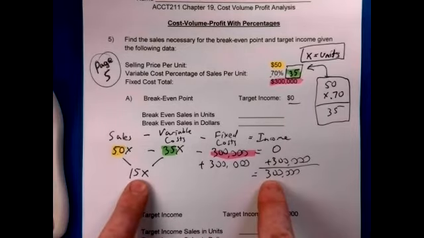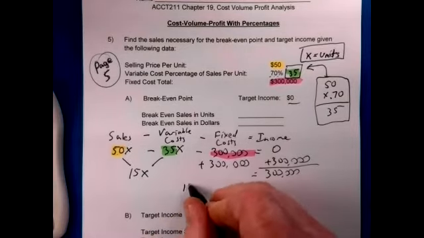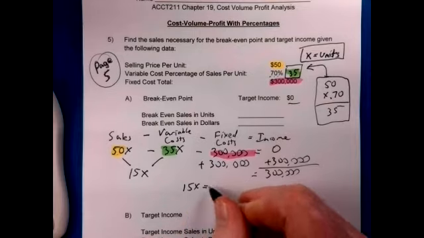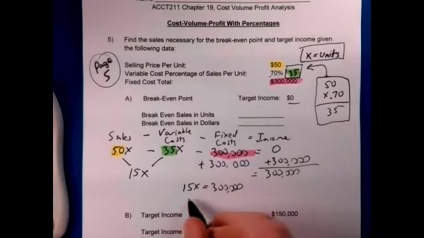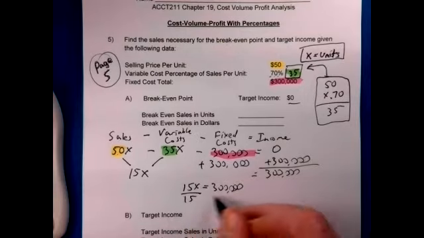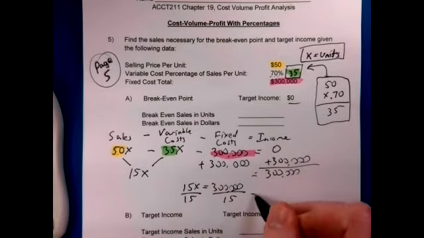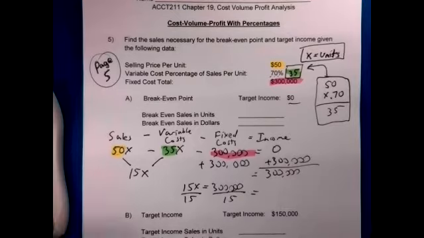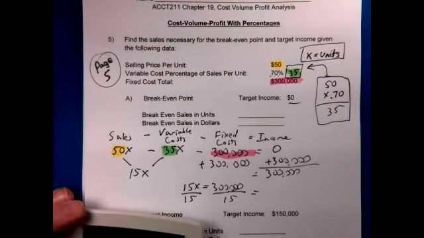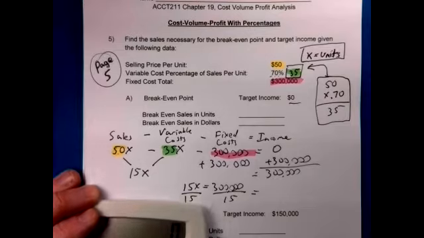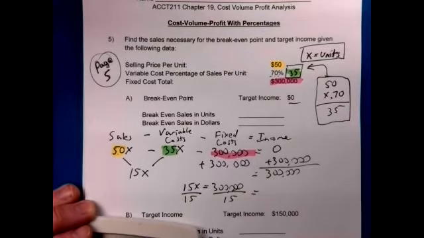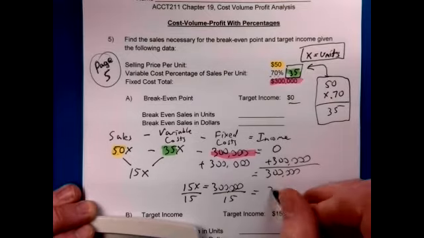Divide both sides by 15, and that will tell us how many units we need. 300,000 divided by 15 is 20,000.